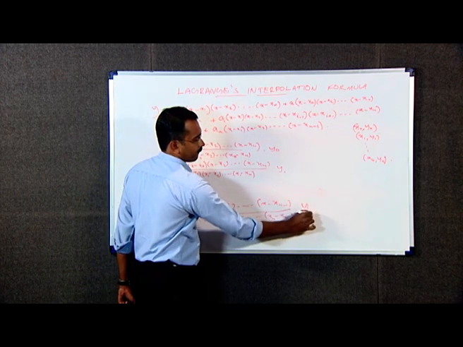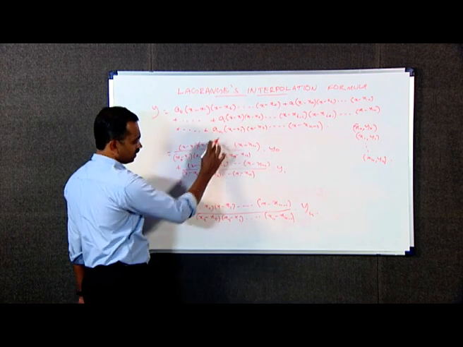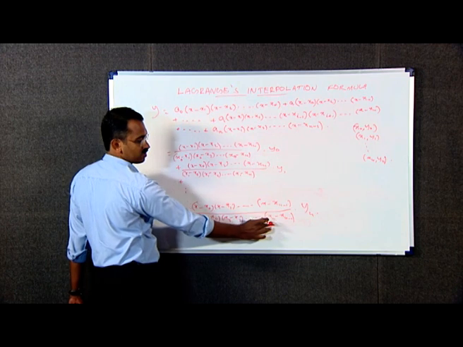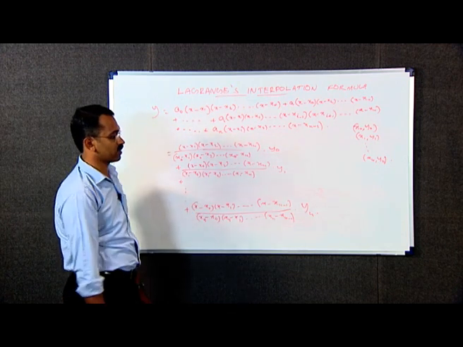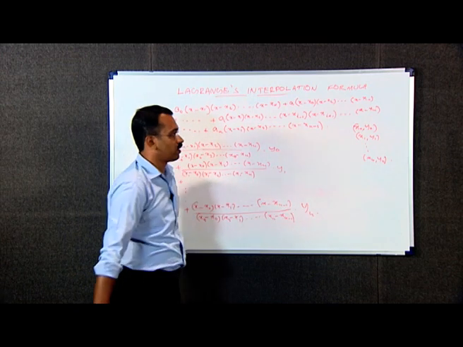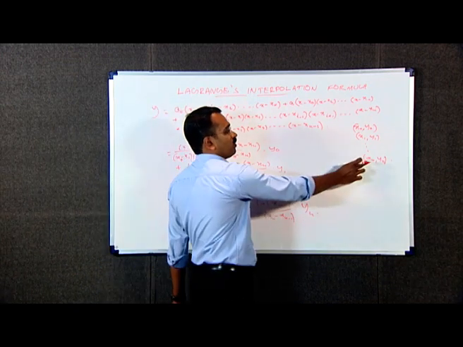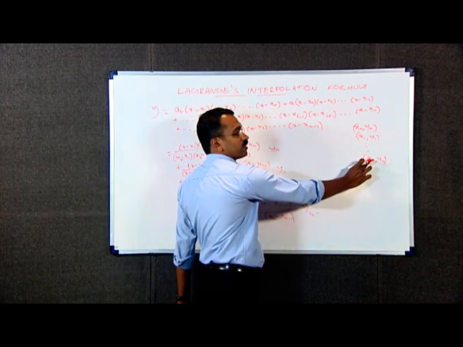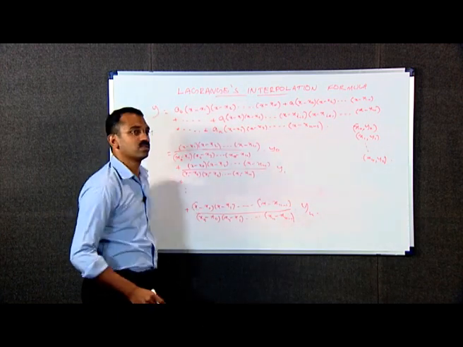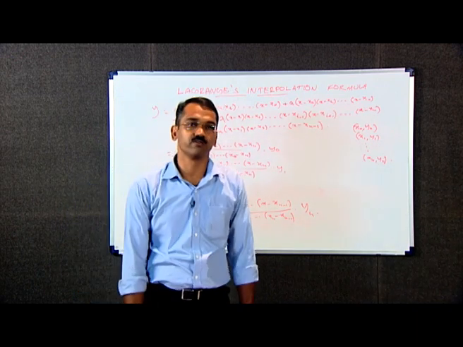Here the value of an is 1 by (xn minus x0) into (xn minus x1) into etc., into (xn minus xn minus 1) into yn, which we obtain if we substitute xn, yn in this expression. Therefore, this is the Lagrange's formula.